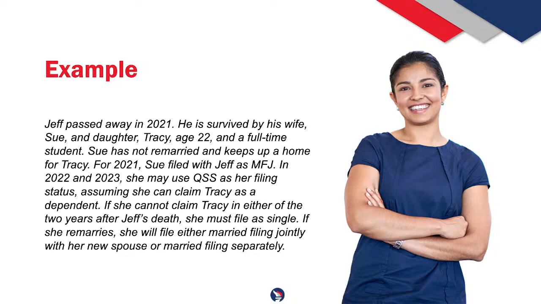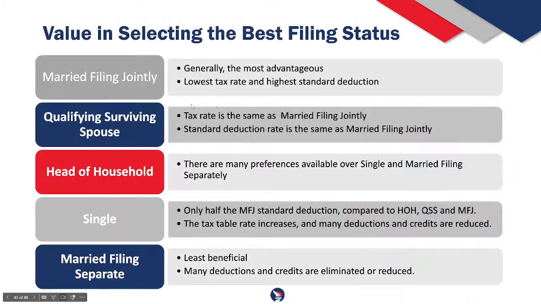She moved back in with her parents, everybody lived there, she didn't work, whatever. But then in 23, she got her stuff together and went back on her own, provided support, can claim Tracy again. So, yes, we could do that. She's entitled to do that. You don't have to do it 2 years consecutive. There can be a gap if we need to. But remember, there's a hard deadline: it's the 2 years after. Can't go any farther than that.